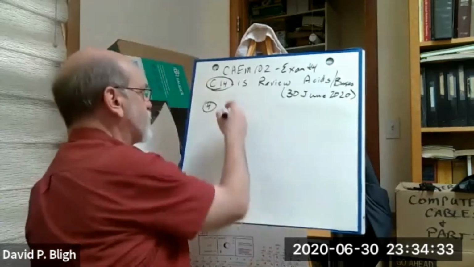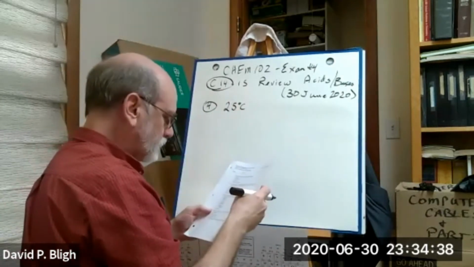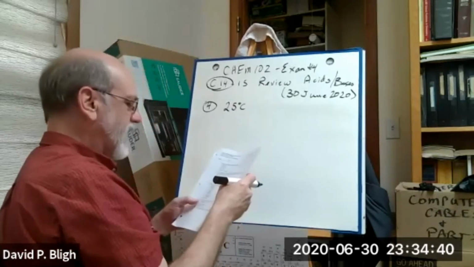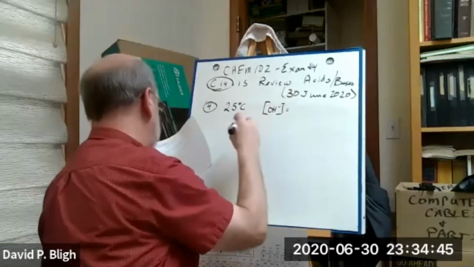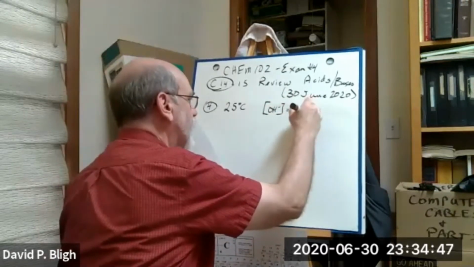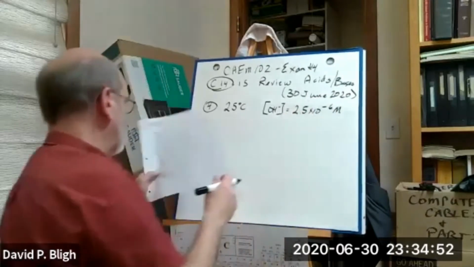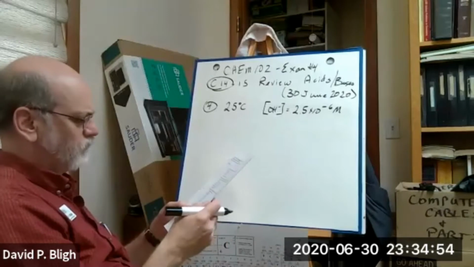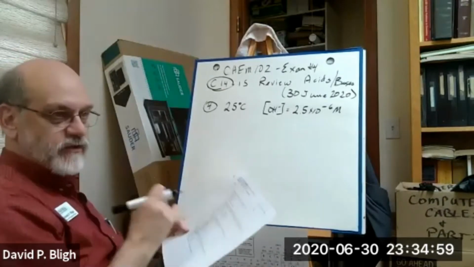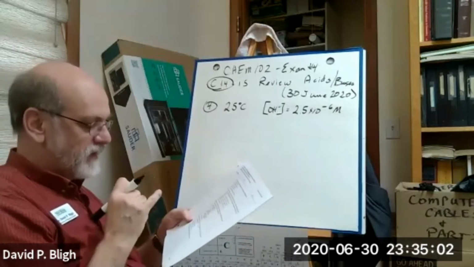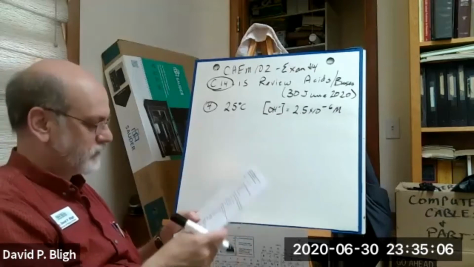So we're given the temperature, and we're given the hydroxide concentration equal to 2.5 times 10 to the minus 6 molar. Okay. Which one is not true? We've got answers for each one of them. That means only one can be not true. The rest are true. So let's see.